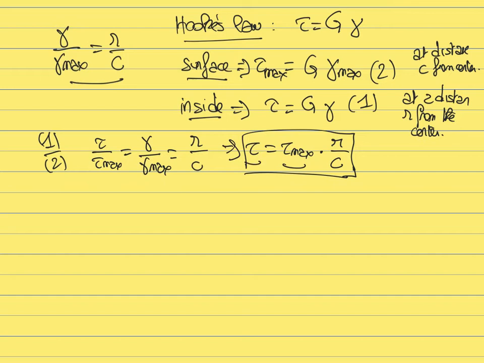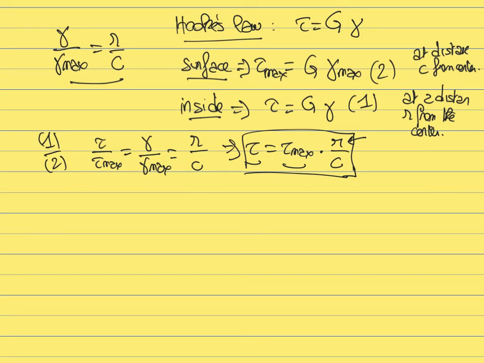One thing to check that this formula is correct: if you look at the surface, that is to say for R equals C, where C is the radius of the circle, then what you get is tau max equals tau max. That is to say the shear stress at the surface is equal to tau max, as expected.